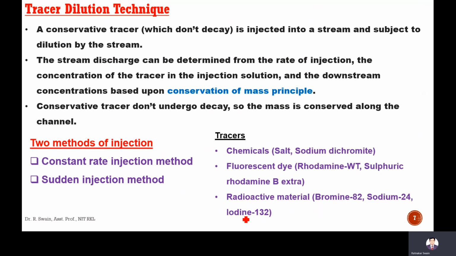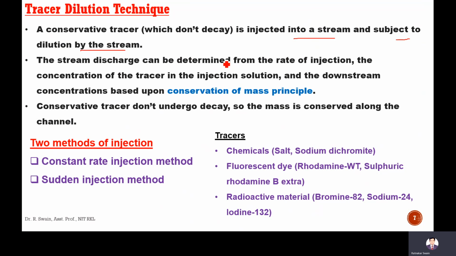Next direct method is the tracer dilution technique, meaning the dye test. Here the tracer or dye is injected into a stream, subject to dilution by the stream.